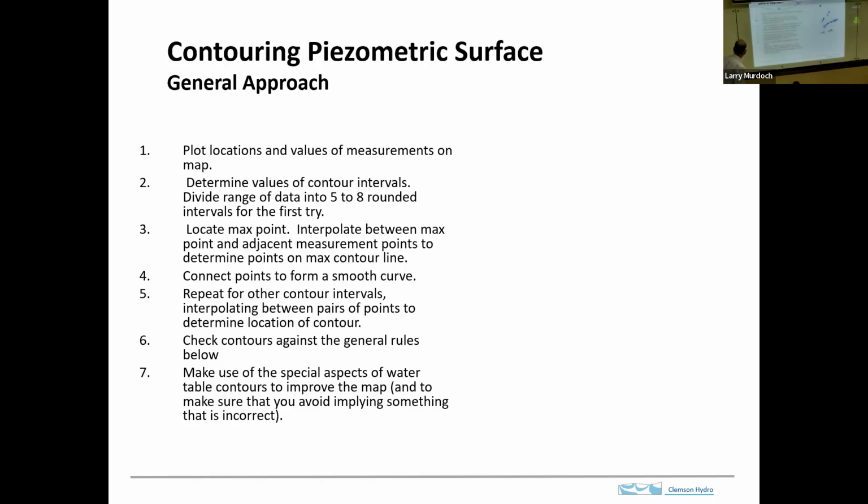Let me just draw a sketch of this real quick. So the max is 100 and the min is 28 here, and I think I would go with 20 as the initial contour interval.